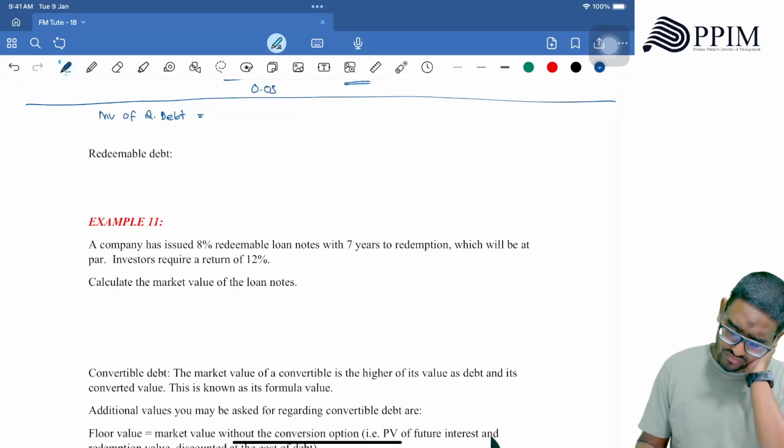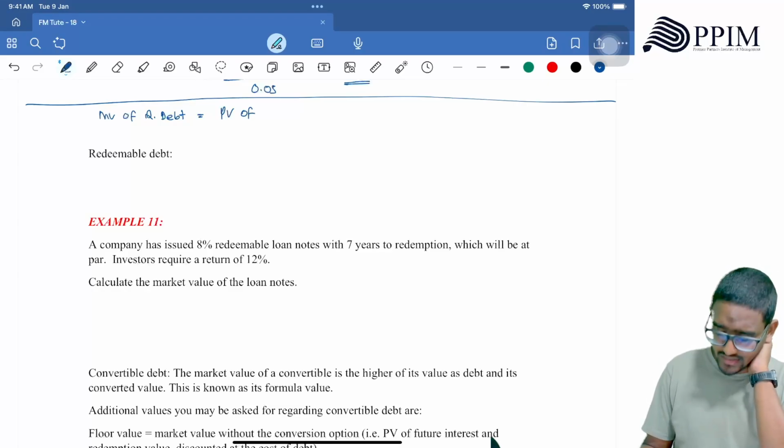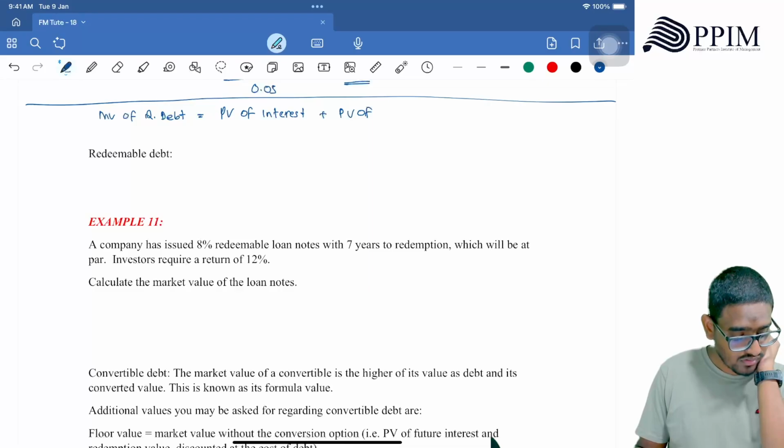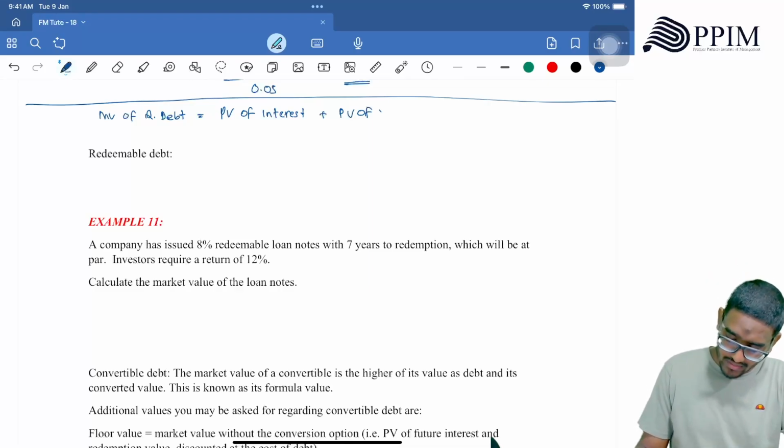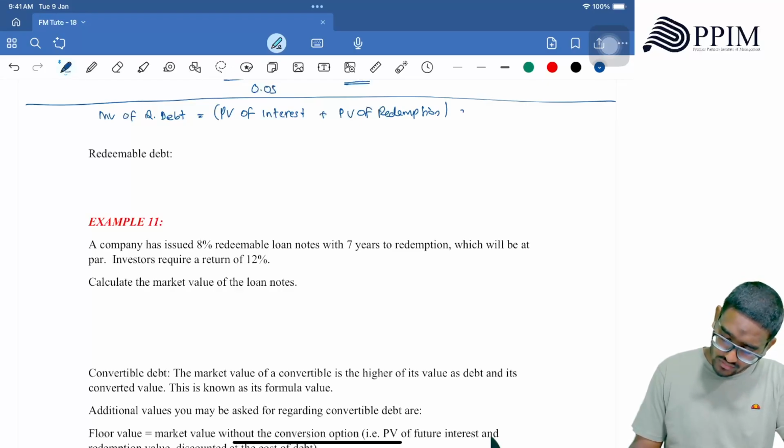Present value of interest plus the present value of redemption. All of this discounted at the investors' required rate of return.